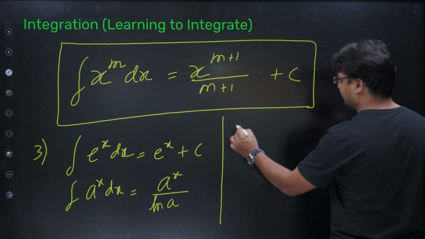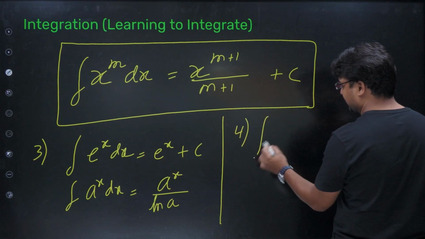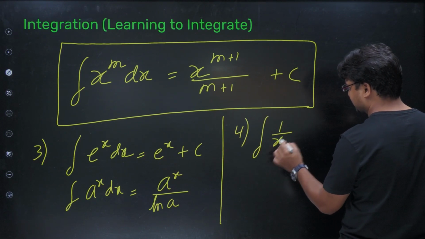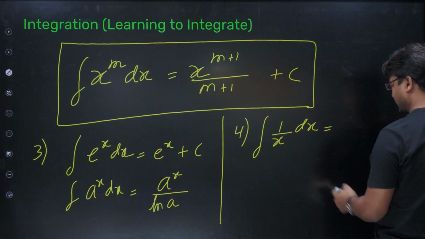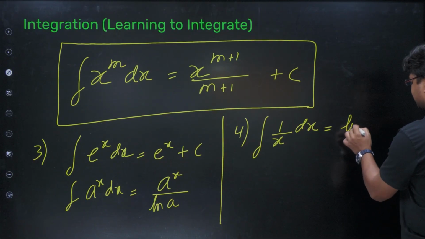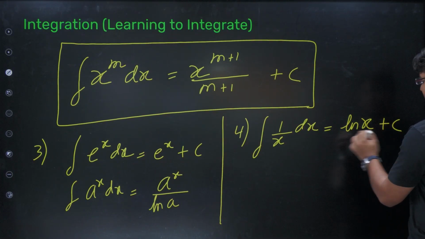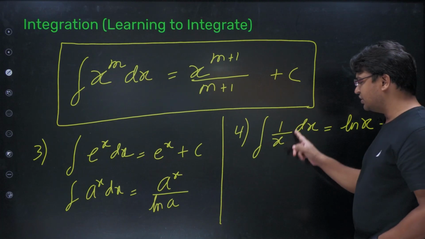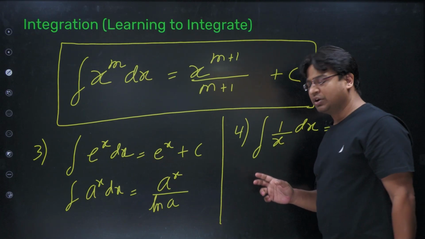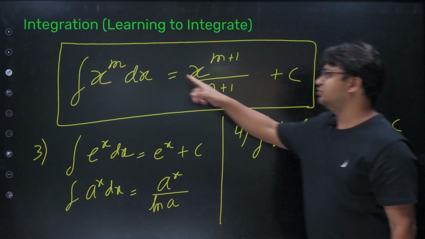Then if we integrate 1 upon x dx, we get ln x plus c. Sir, is this not a polynomial, or what if I write x raised to power minus 1 and use this formula?